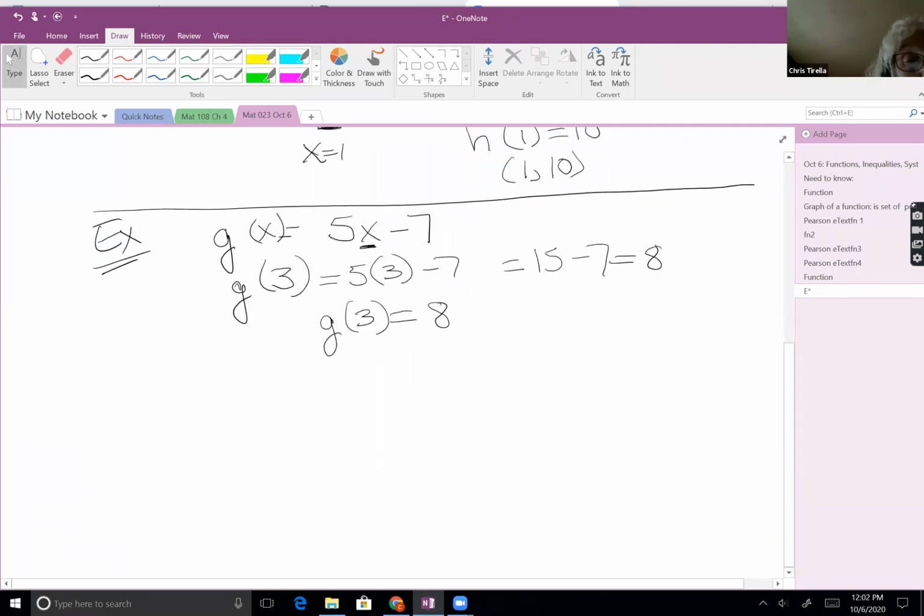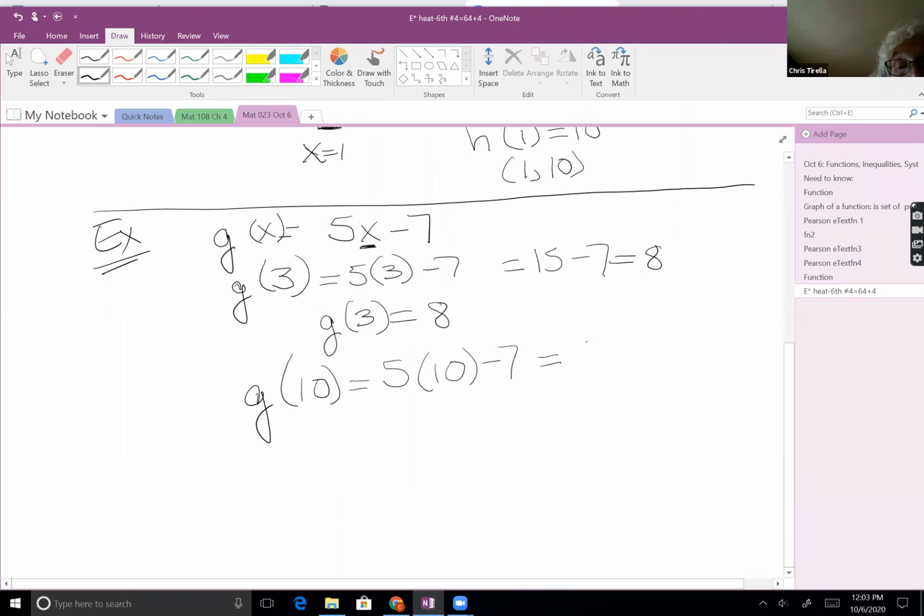Same function. What if I asked for g of, oh, let's get all crazy, 10. This time where there was an x, we're putting in the 10. And so that would be 5 times 10 minus 7.